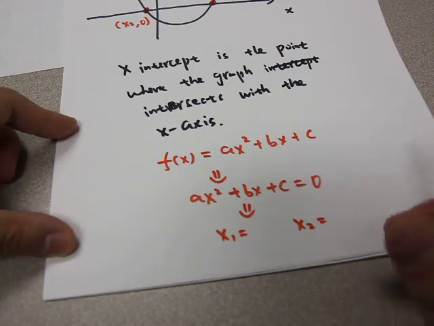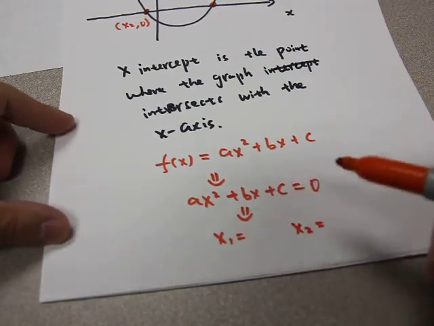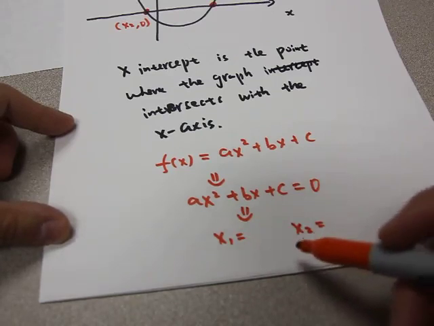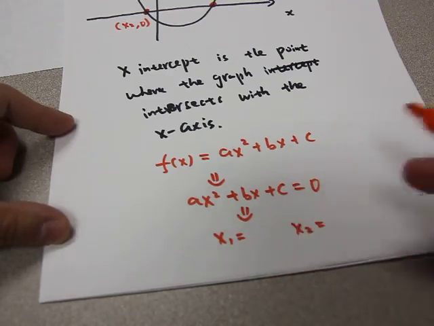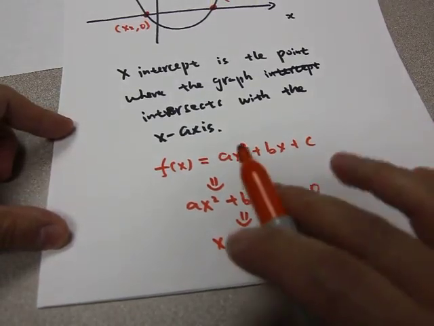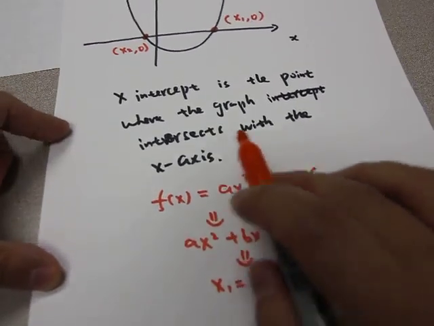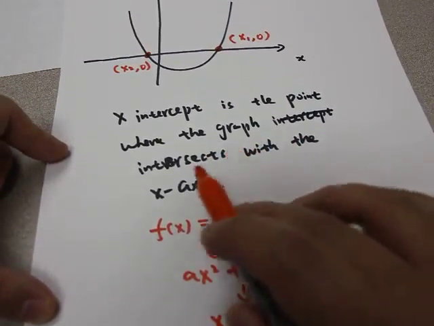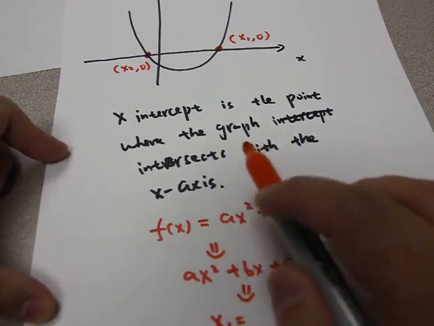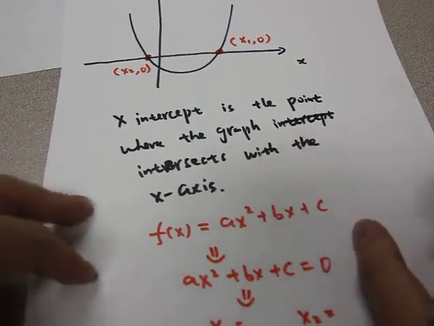x-intercepts. Okay, now please keep in mind, sometimes the solutions do not exist. That means sometimes the quadratic function, or the parabola, doesn't have an x-intercept.